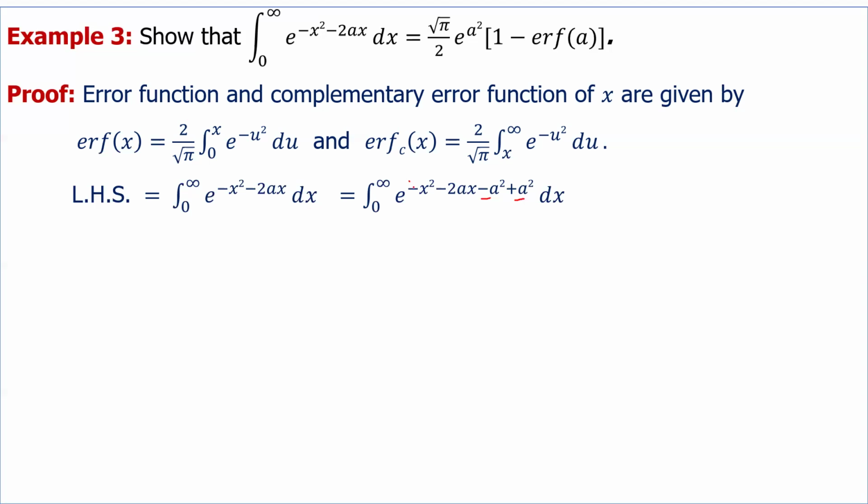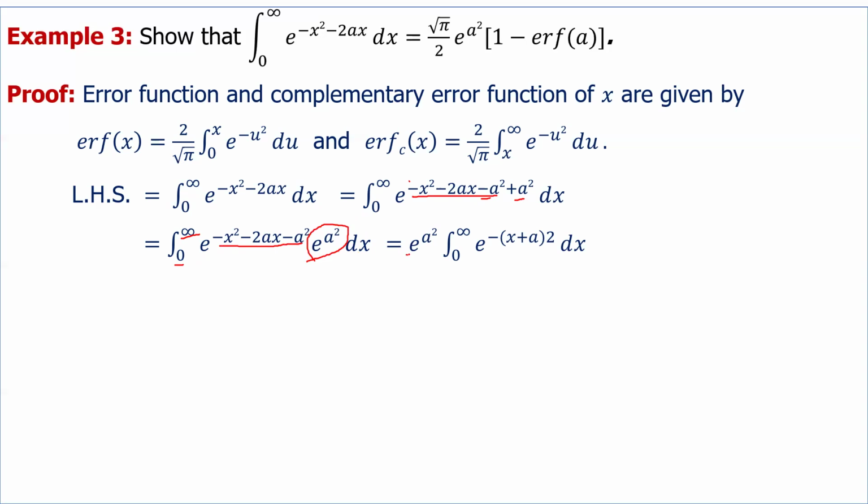Now, if we see this part, can we write it like this: integration under the limit 0 to infinity of e to the power minus x square minus 2ax minus a square, and e to the power a square we have taken outside the integration with respect to x.